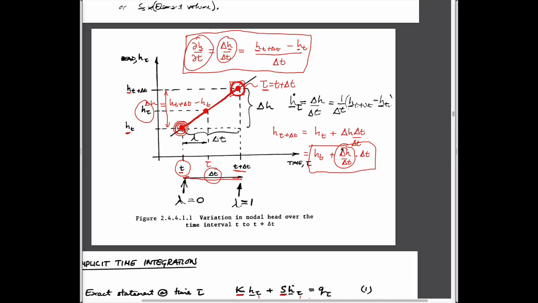So in other words, if we know what this expression is, then we could substitute this here, use a time step, and add it to the previous heads, and we get the revised value at the next time step. That's basically what we're going to do. So let's try and do it.